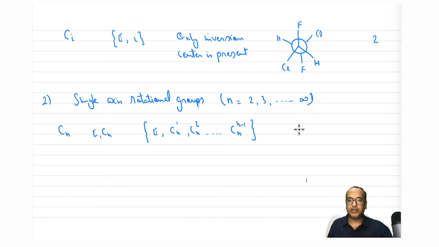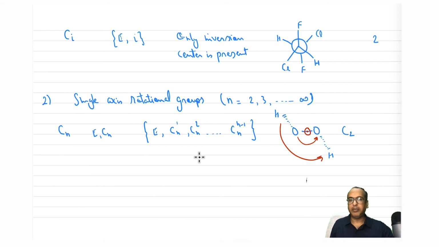So these are the set of operations. An example is the open book structure of H2O2. The structure looks like this. Here my C2 axis is perpendicular to the plane of the board, and the rotation replaces O with O and H with H. So this particular group is called the C2 point group.